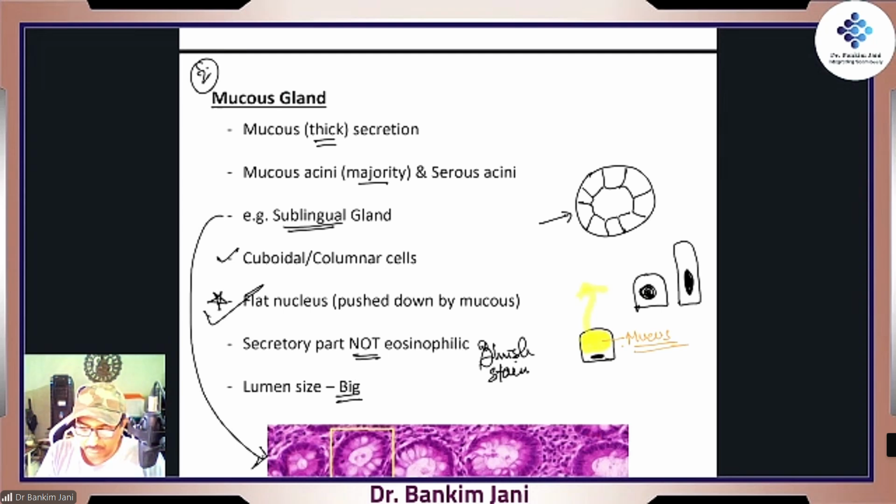And one more thing, because you all have access to e-books, Gray's Anatomy is definitely good. If you have Gray's Anatomy, keep it as a reference book, or keep it in e-book format.